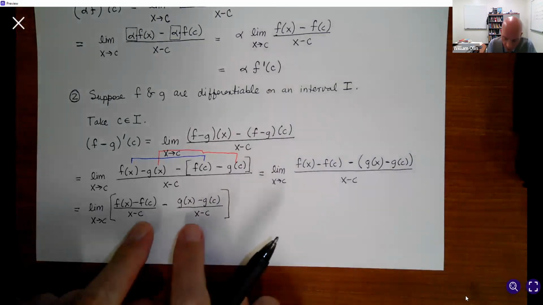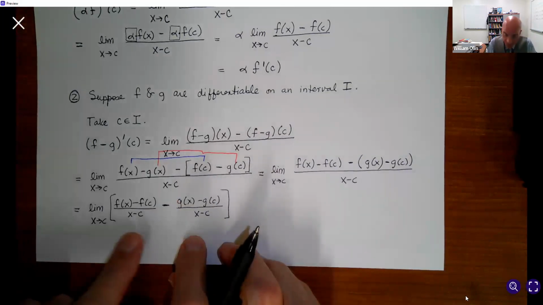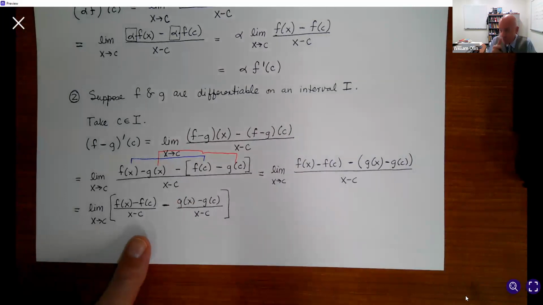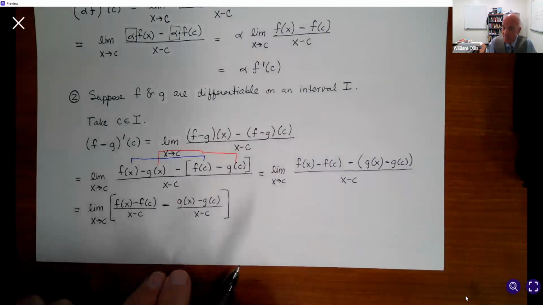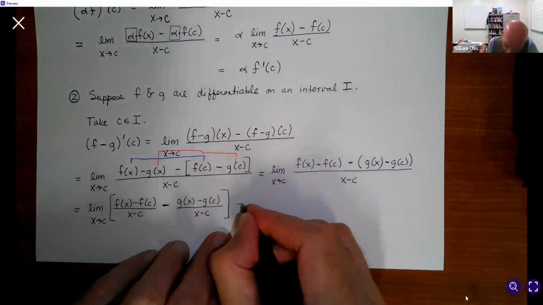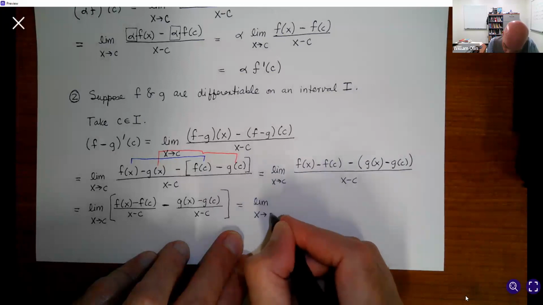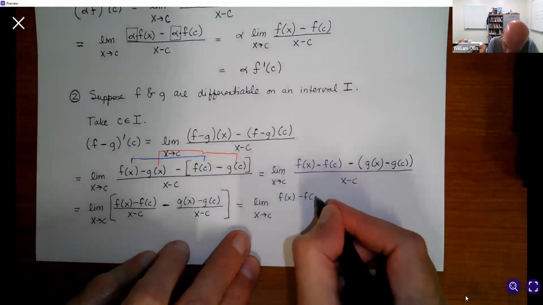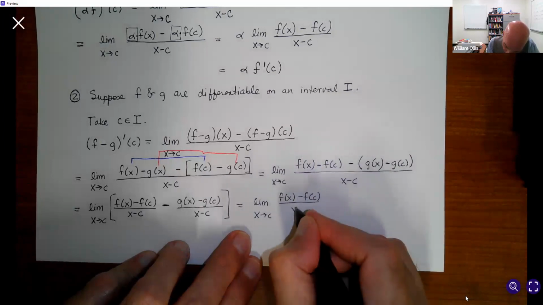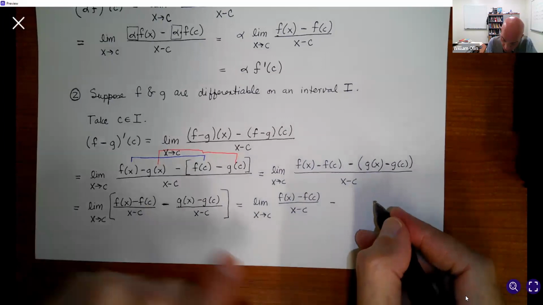So now notice, and I put the minus here very clearly, we have the limit of the difference, which is now the difference of limits. And we know that each of these limits exists by hypothesis. So now this will be the limit as x approaches c of f of x minus f of c divided by x minus c minus, and of course we can go ahead and factor the negative.